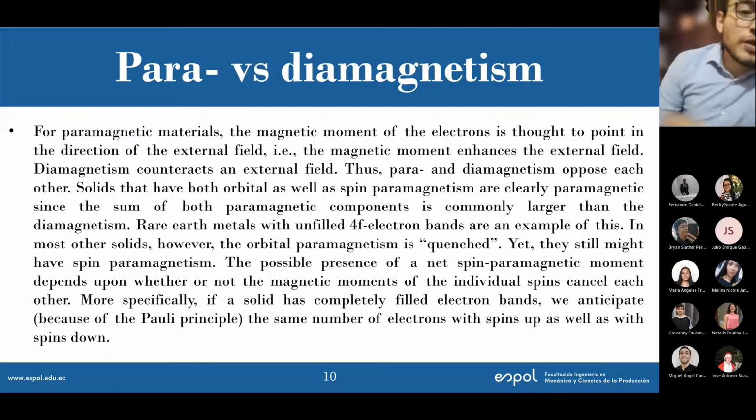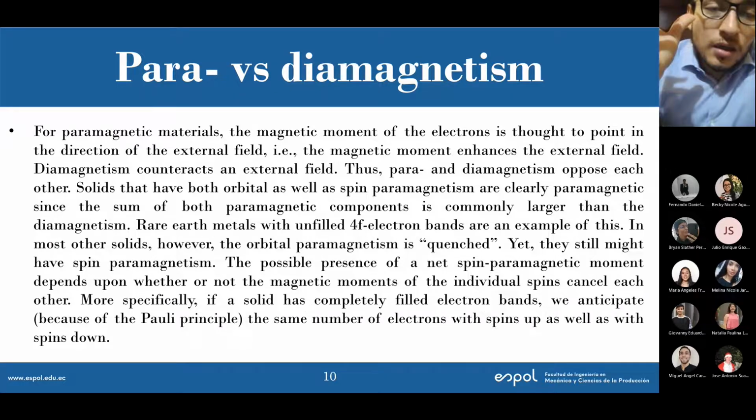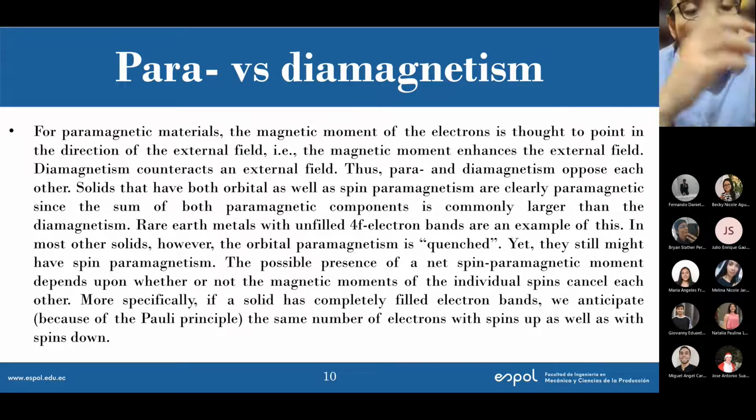Okay, so let's actually compare para and diamagnetism then. In paramagnetic materials, the magnetic moment of the electrons points in the direction of the external field, and that's what I was saying, right? When I put an external magnetic field, the idea is that all those randomly oriented moments will align with the direction of the external field.